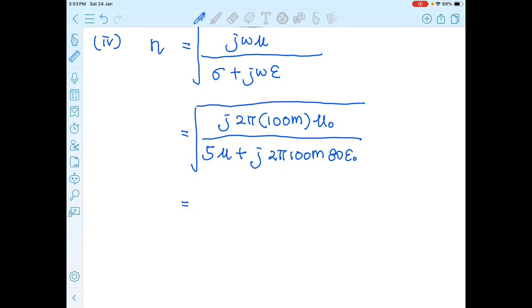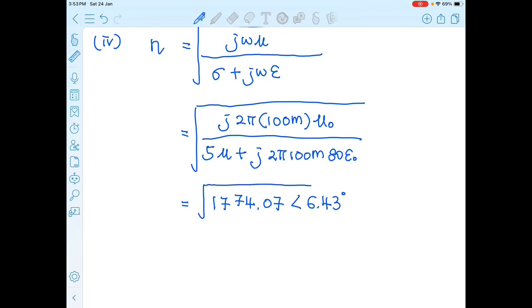So 2 pi multiply 100 mega multiply mu, I, plus I. Okay, so you have your answer, 1774.07, and the angle is 6.43 degrees.